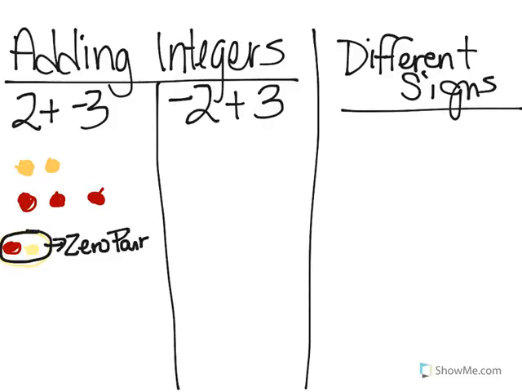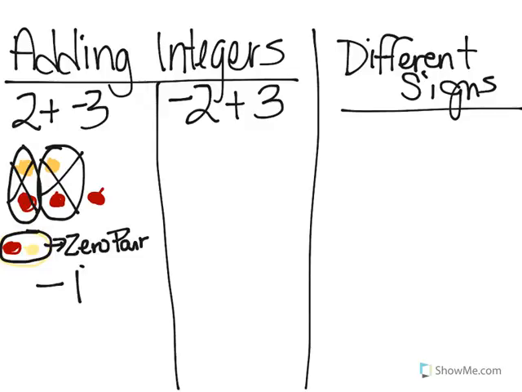So in this problem, do I have a zero pair? Yes. A positive and a negative is 0. It cancels out. So what's left is a negative 1. That's my answer. Let's check the next problem.